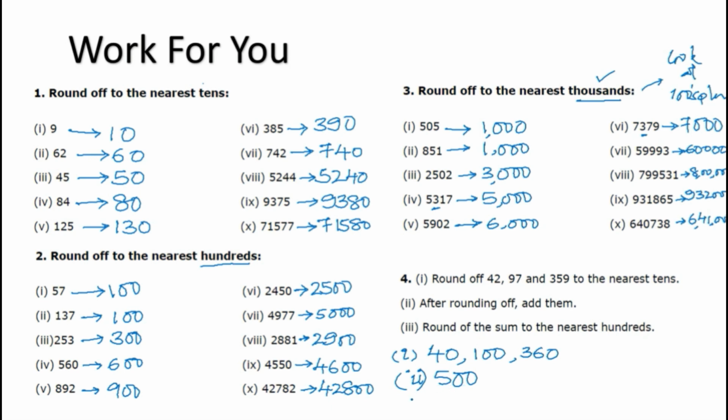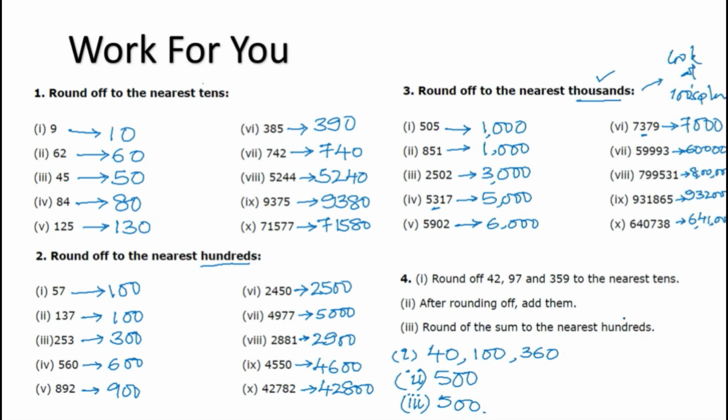Now this 500, when you round off to the nearest hundred, you have to look into the digit at tens place. So it doesn't make a difference. It will remain 500 only.